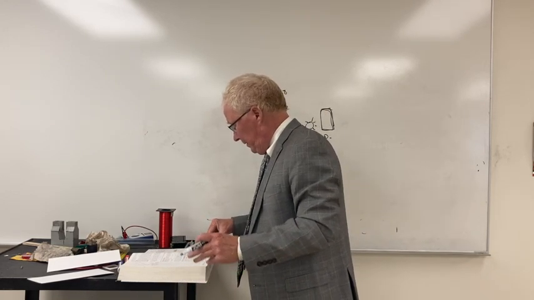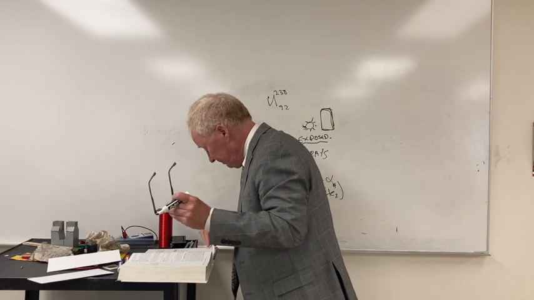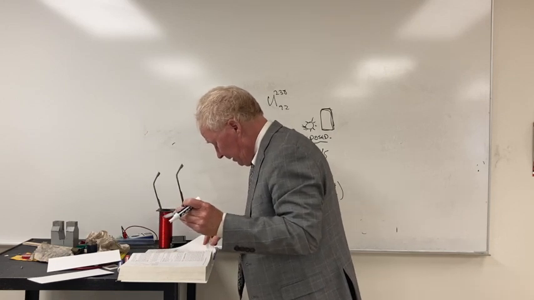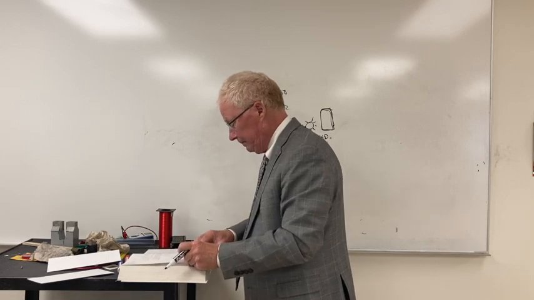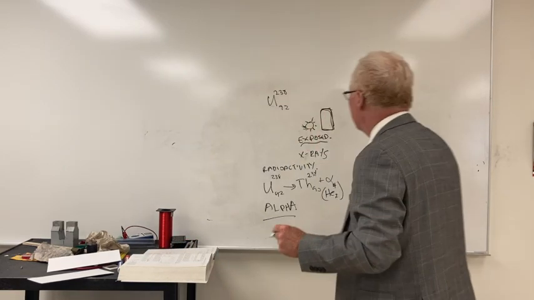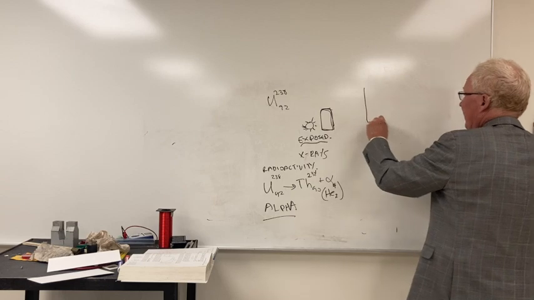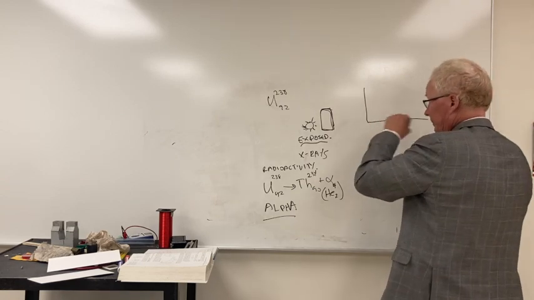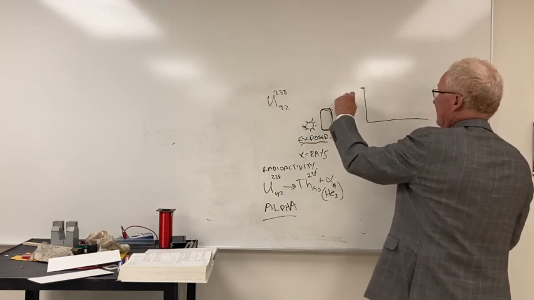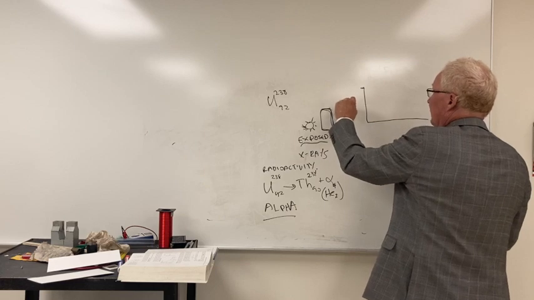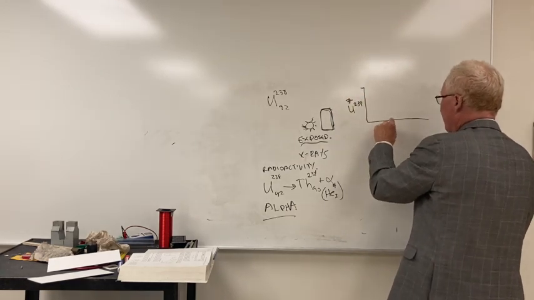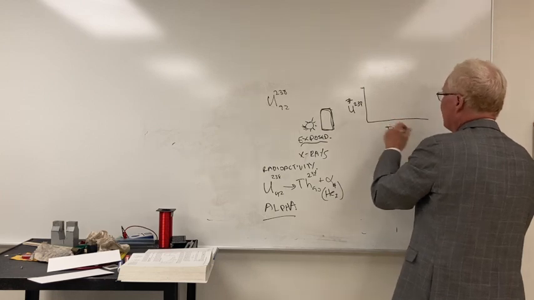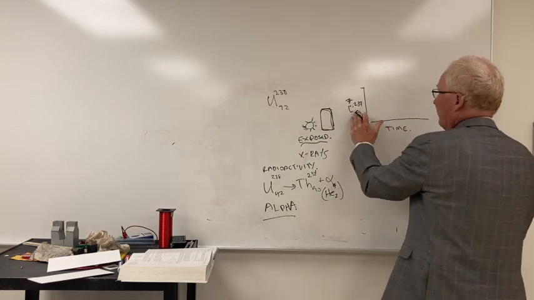So what we see is, if we look at, say, a sample of uranium, right? So the number of U-238 versus time, or let's say some radioactive sample.